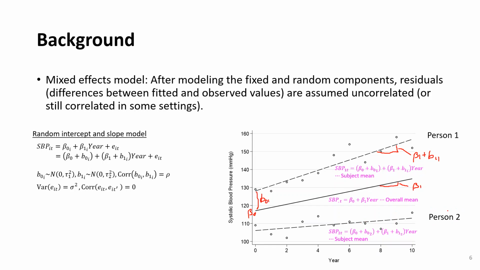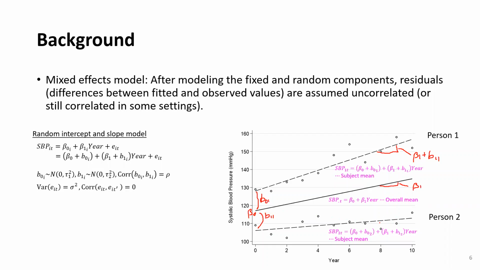And similarly for person 2, this is the equation: the SBP, systolic blood pressure, of person 2 at time t is given by this equation. And so his intercept is given by beta naught plus b02. So obviously b02 is going to be a negative value.